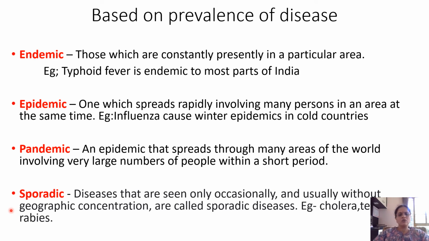Occasionally it comes and goes. So such a disease is called a sporadic disease. For example, cholera and rabies. These sometimes suddenly appear in one place or another and then disappear. So these are the terms which are commonly used in epidemiology to explain the spread of the disease in the community.